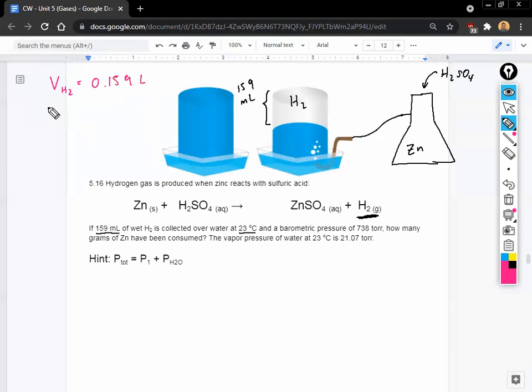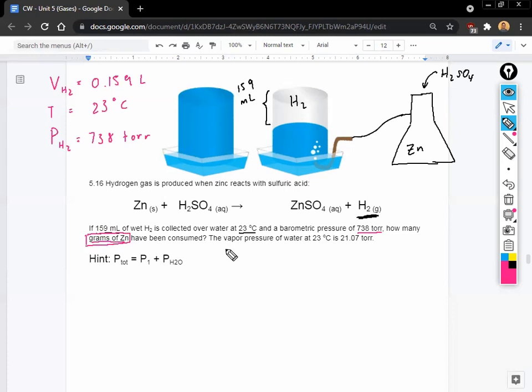The temperature is 23 degrees Celsius. And then it tells us the pressure is 738 torr. Okay, so the pressure of H2 gas is 738 torr. And what we're looking for is how many grams of zinc has been consumed. Okay, so we're looking for grams of zinc.